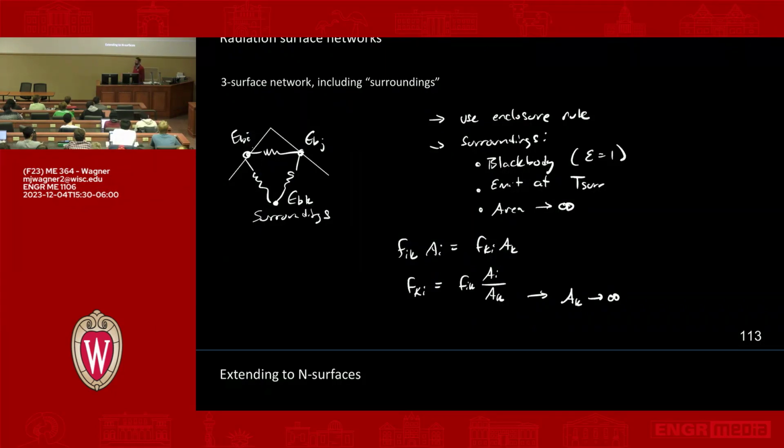So the view factor K to I is basically 0. Right? Just in math, what I just said. All right. So this is a 3-surface problem. What I want to do is, it's still maybe a little unclear how you actually take this and implement it in, say, an EES program or anything else that you want to solve the problem in.